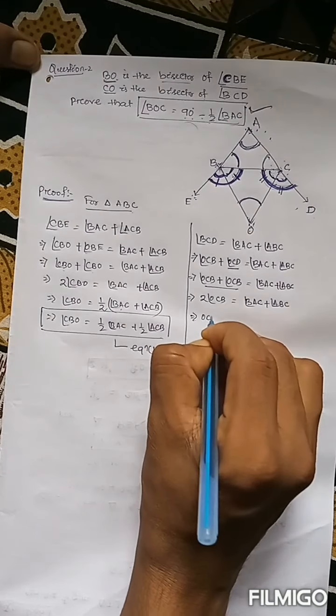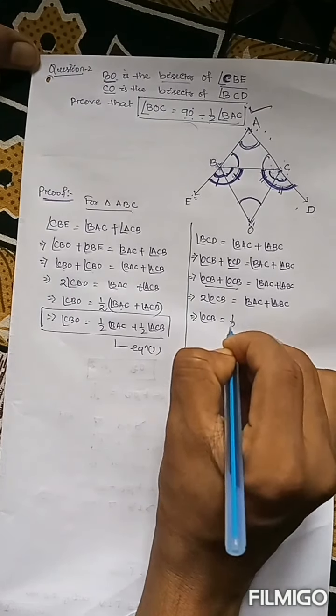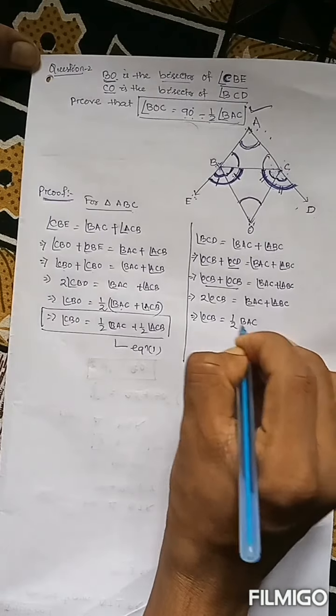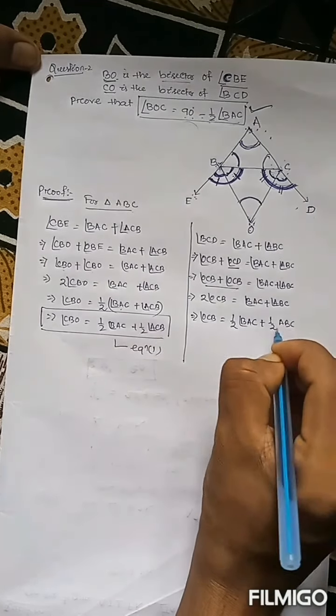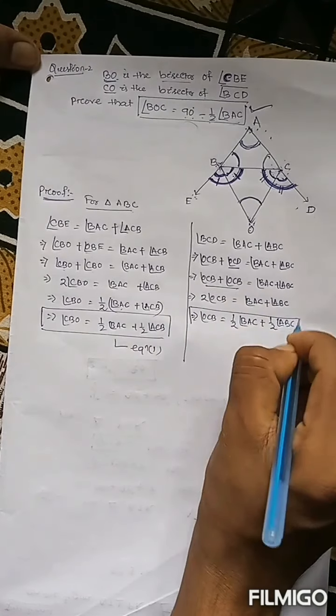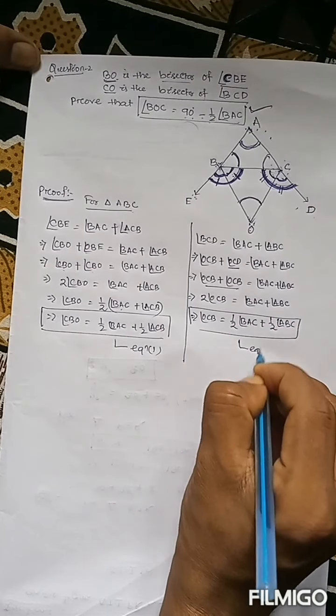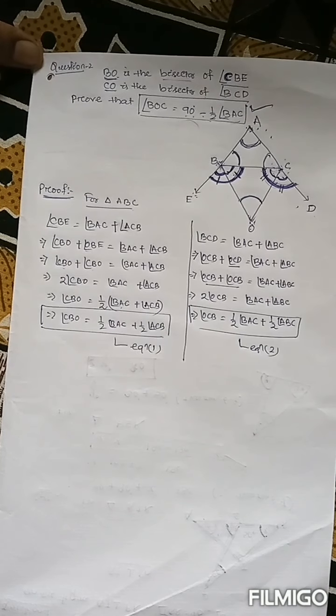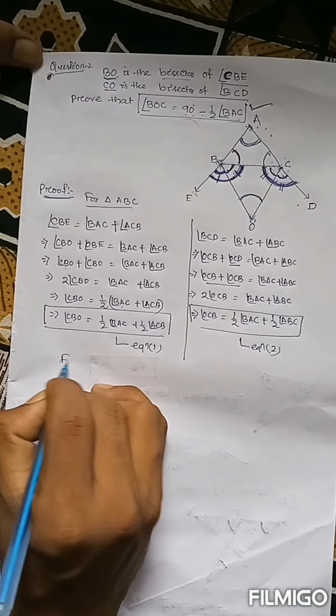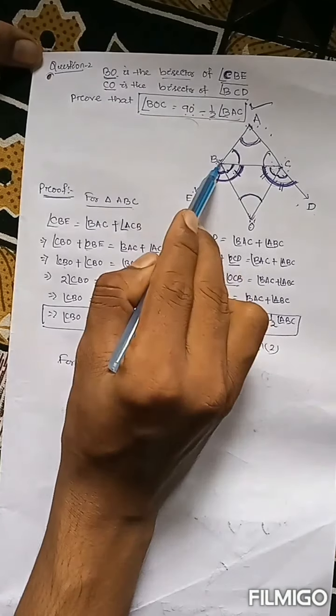Now OCB is equal to half of BSC plus half of ABC, like this. So this is the equation number 2. Now you understood equation 1 and equation 2. Next we will consider the triangle BOC.